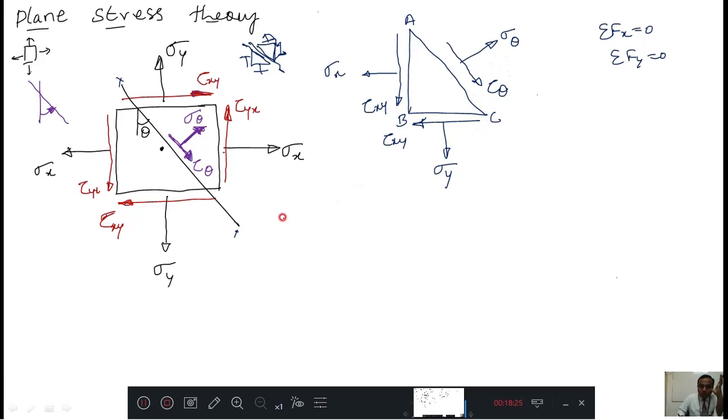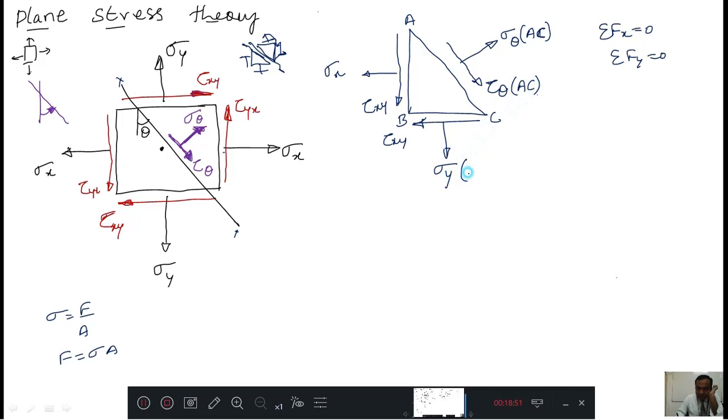Right? Now, what is the meaning of stress? Stress is force by area. If you want force, then force equals stress into area. Means for all these stresses, if I multiply area, then they become force. Now, sigma theta, I need to multiply by area AC into 1. That 1 I don't write. Tau theta, I need to multiply by the area where it is acting, that is AC.